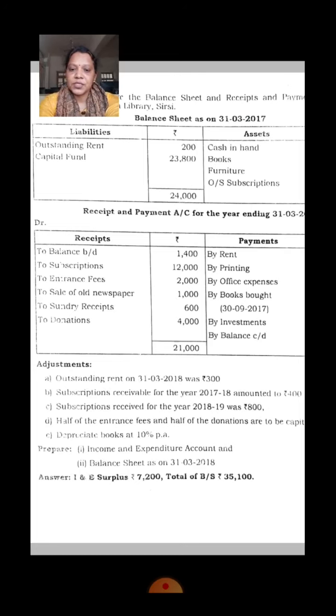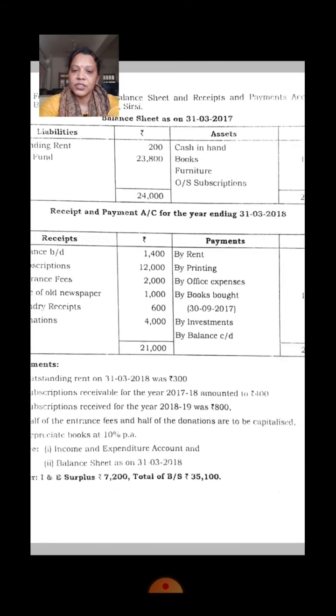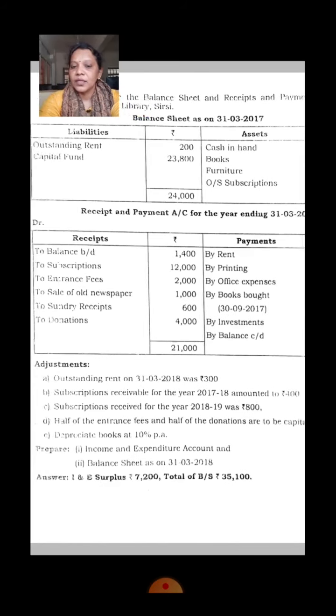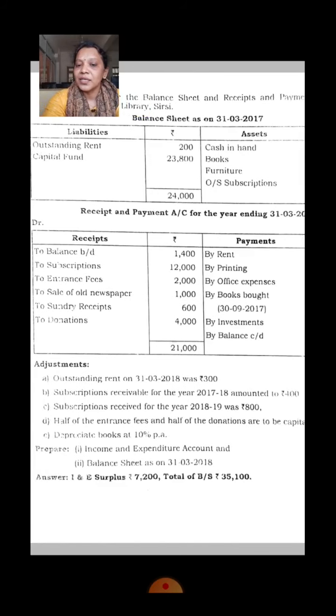Then subscriptions receivable for the year 17/18 amounted to rupees 400. So subscription receivable becomes what? Asset. Okay, then these are current year receivables, meaning to our subscription we have to add current year outstanding subscriptions.